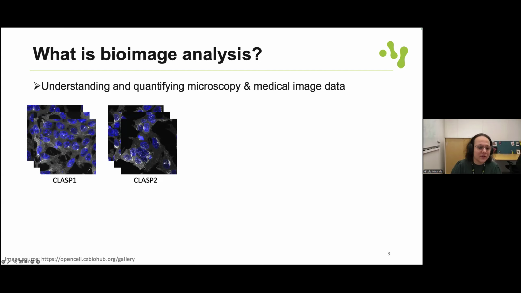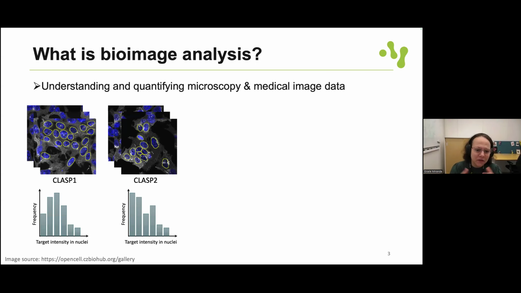So you are interested in tagging different proteins and you want to somehow, for instance, quantify a protein that is localized in the nuclei. And then the first step is to segment, separate the objects of interest. So you somehow obtain quantitative measurements. Here we are tagging the intensity in the nuclei, so you are able to compare across groups, right? That's a very common task.